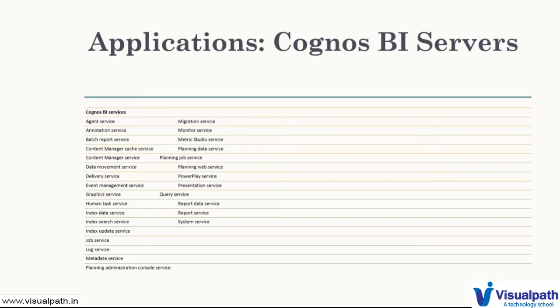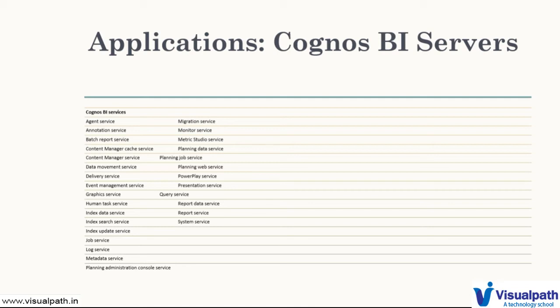Now we are working in Cognos Analytics, which is the latest version, or Cognos 11. Whenever there is an upgrade in the system or in the tool itself, we need to migrate our existing reports or components from a lower version to a higher version. How does this migration take place? This migration takes place with the help of the migration service.